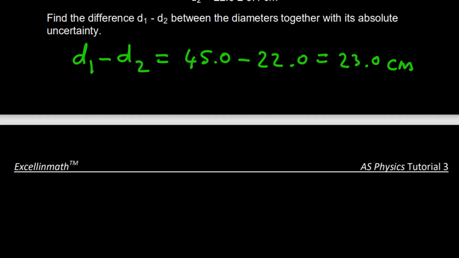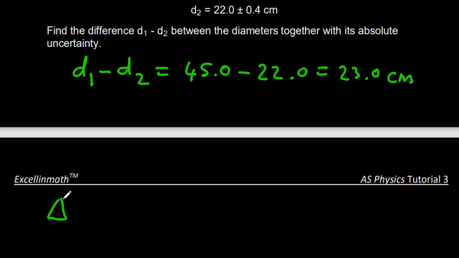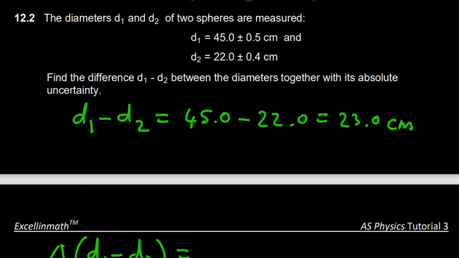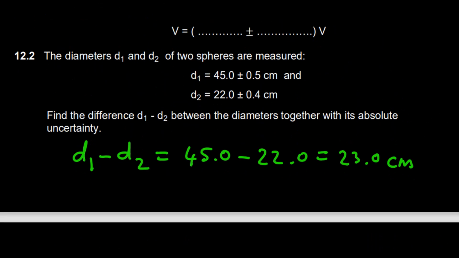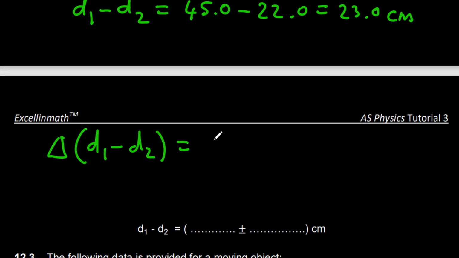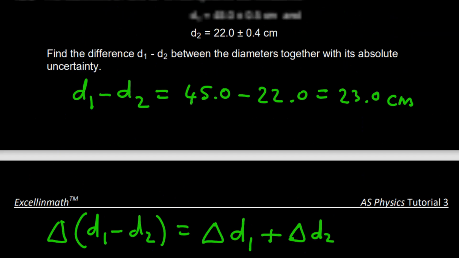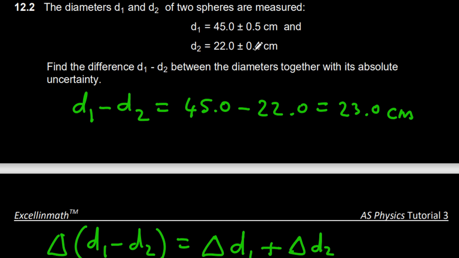So the absolute uncertainty in a difference, D1 minus D2, will be the absolute uncertainty of D1 plus the absolute uncertainty of D2. So important to write out this equation because you get a mark for this in the exam. So then it's 0.5 plus 0.4.